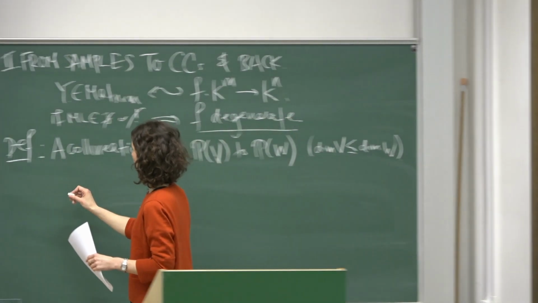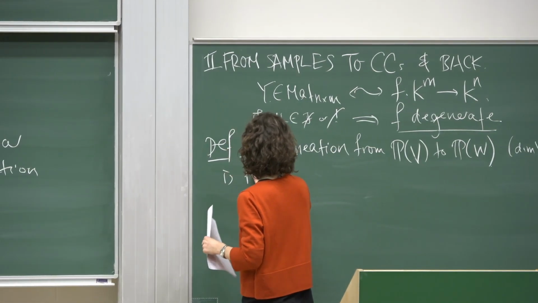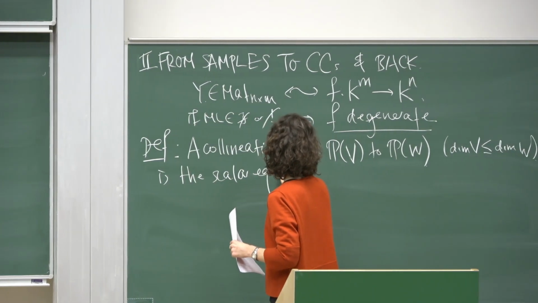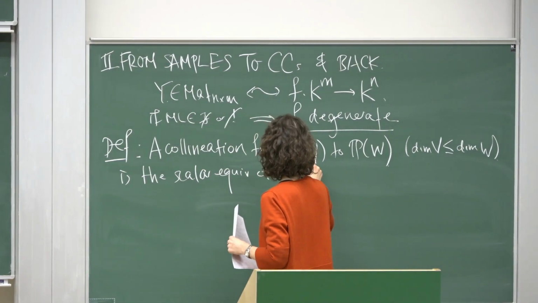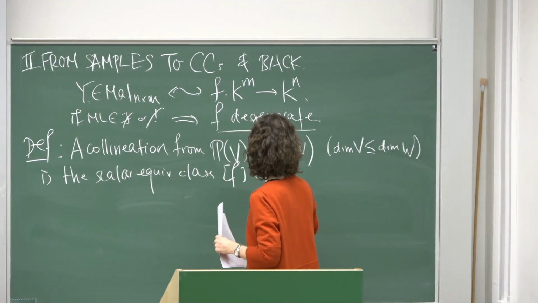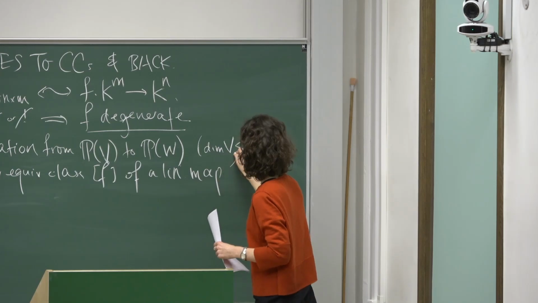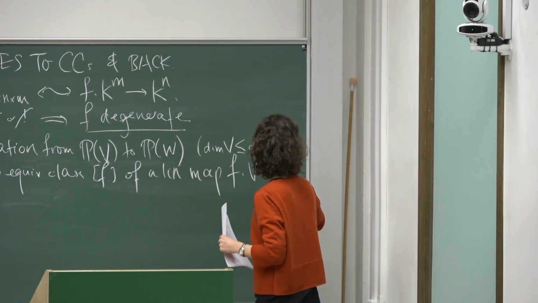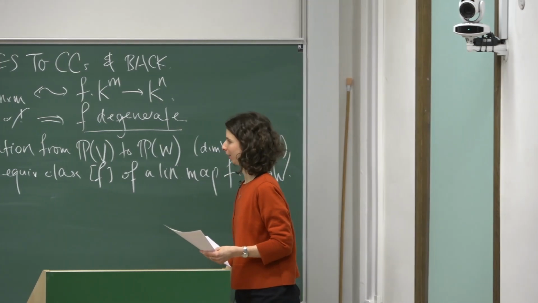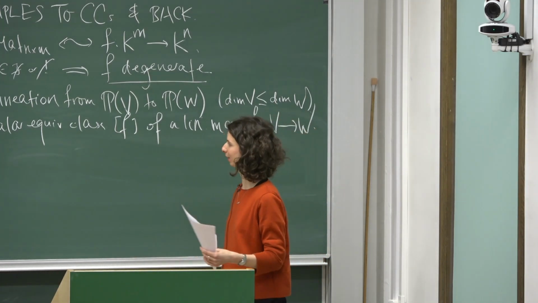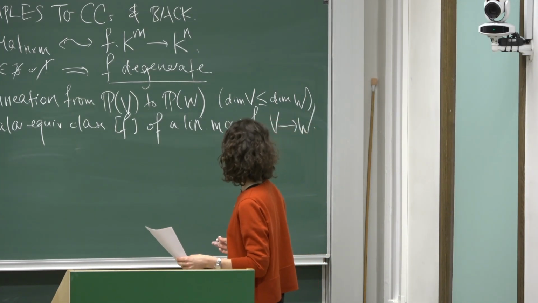And so a collineation is just the scalar equivalence class of a linear map F from V to W. It's called a collineation because it will map lines to lines, basically, if it's non-degenerate.